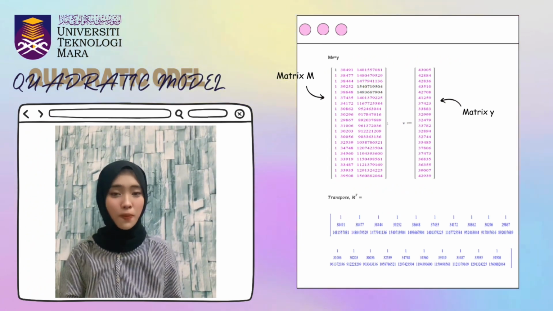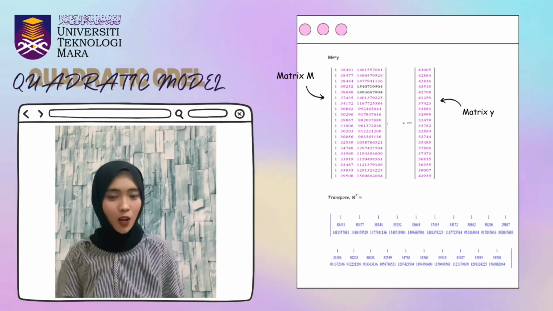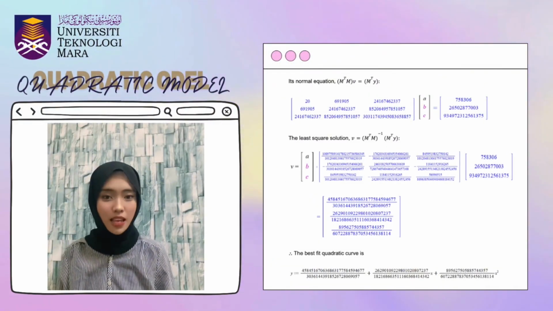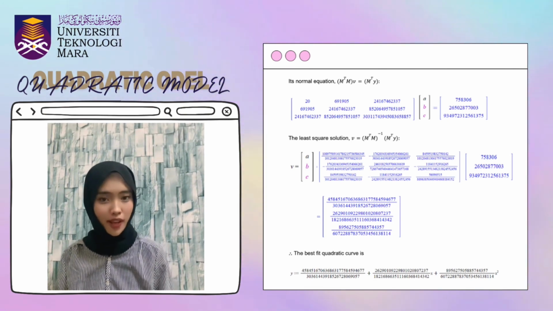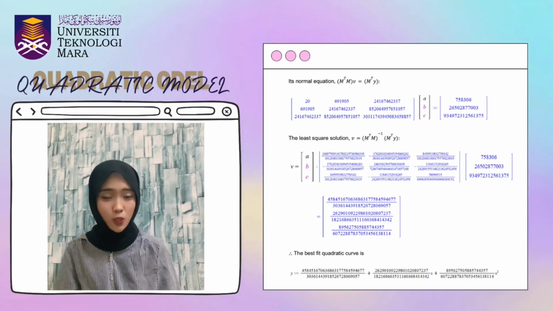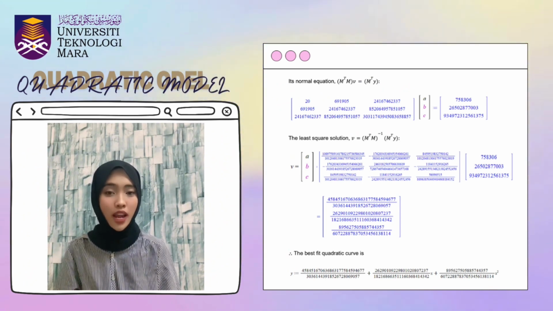When we transpose the matrix M from the previous slide, we will get this. For the next step, it is the same as the linear model, where we find the value for M transpose Y. After that, we multiply it with the matrix Y, so we get the value for M transpose Y from Maple.